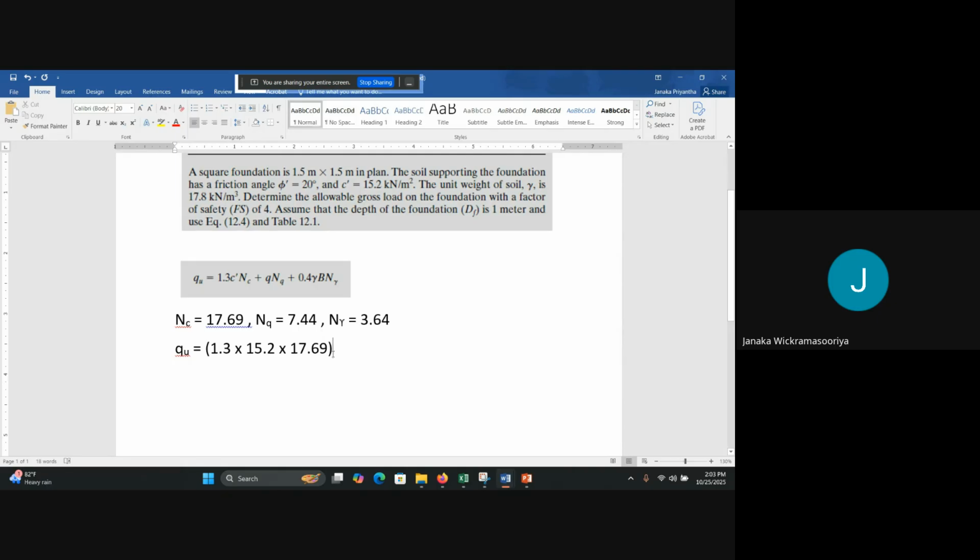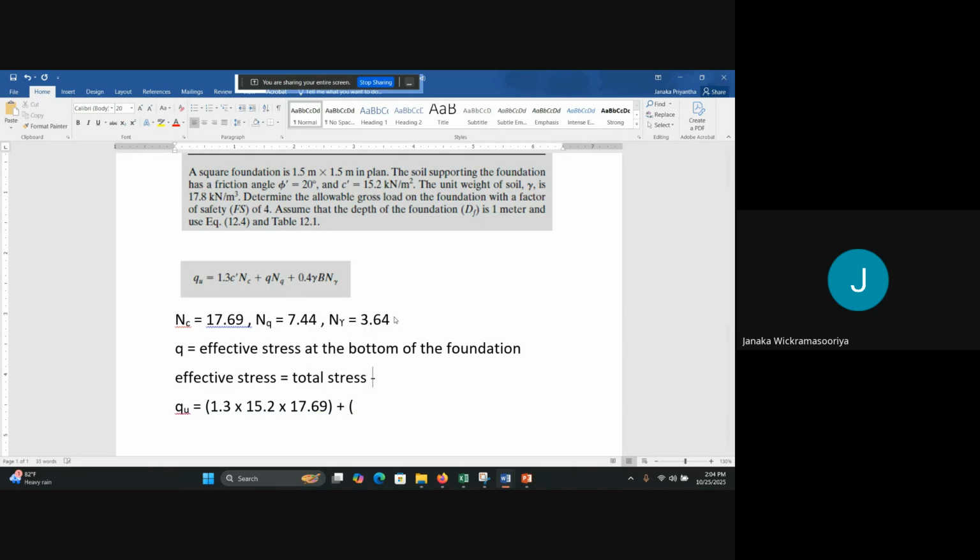This part is written. Plus QNQ. Q is the effective stress at the bottom of the foundation. And you can find the effective stress equals total stress minus pore water pressure.